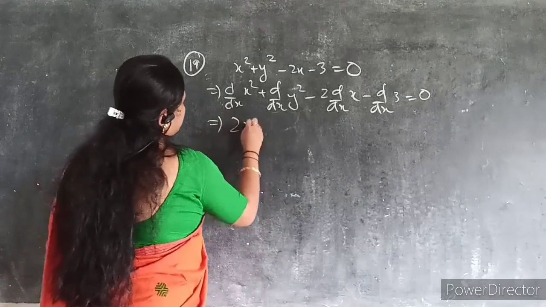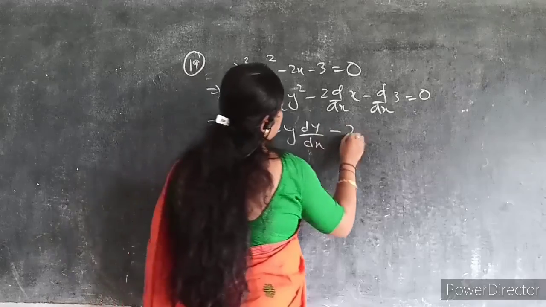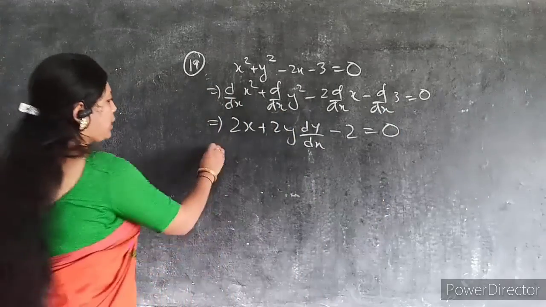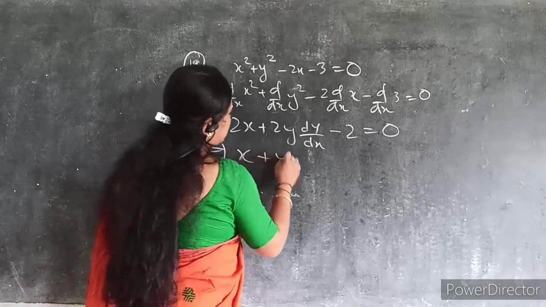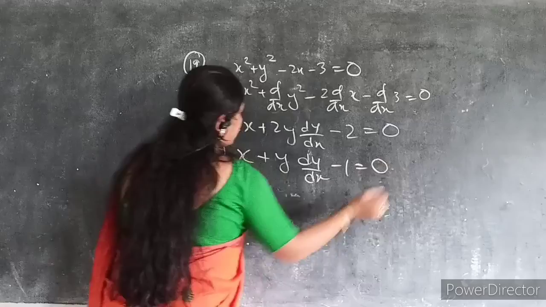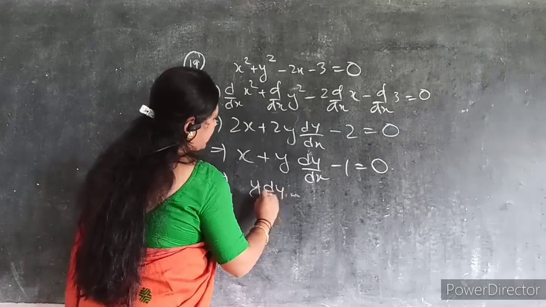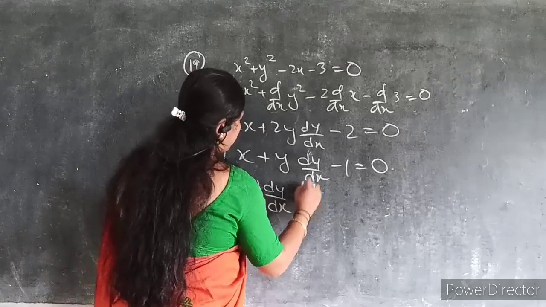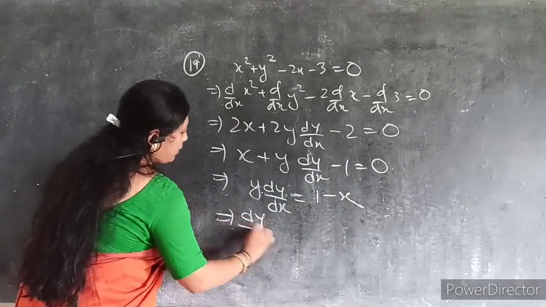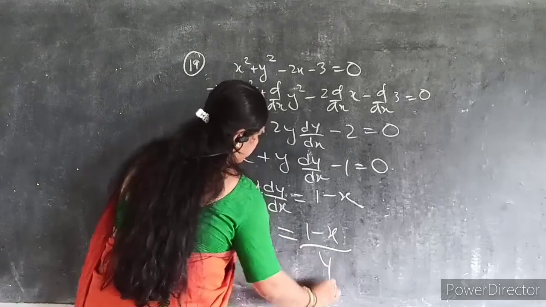So what you will get? 2x plus 2y dy by dx minus 2 equal to 0. Since this is a constant, it will be giving 0. So that means you can say x plus y dy by dx minus 1 equal to 0. That means y dy by dx will be equal to 1 minus x, or dy by dx is coming (1 minus x) upon y.